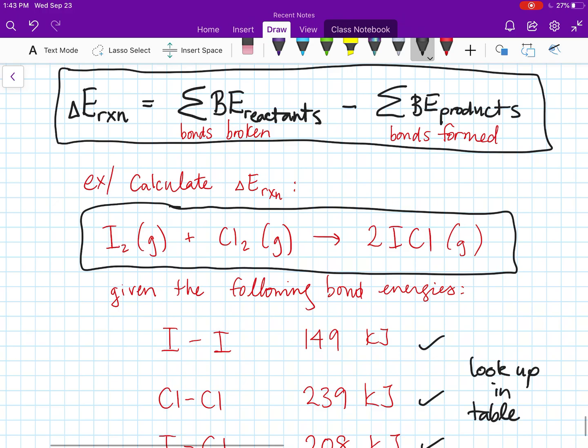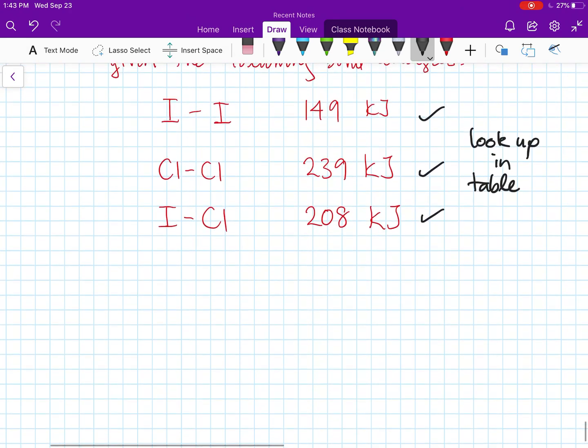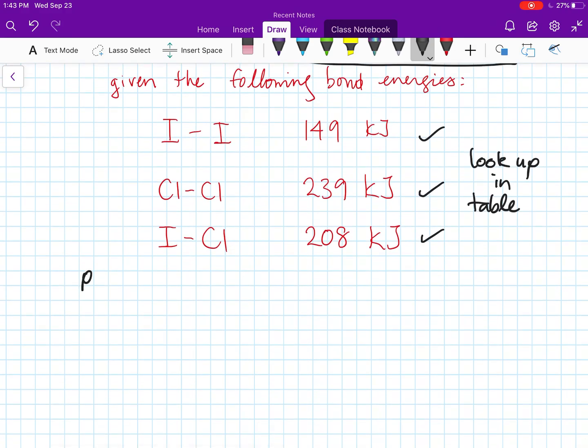So we need to add up the bond energies of all the reactants and then subtract the bond energies of all the products. So that means, well, I should define for you reactants and products because we actually have not defined that yet. Reactants are what are on the left side of the equation.